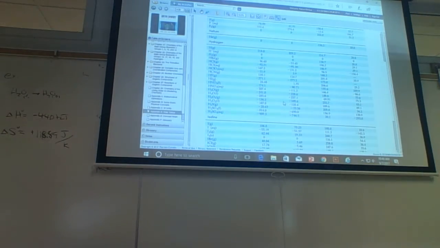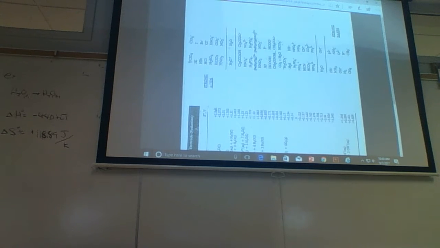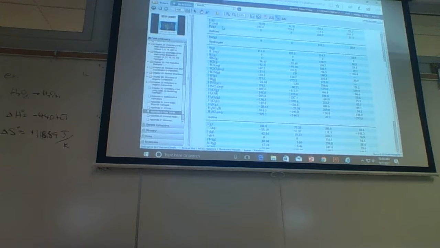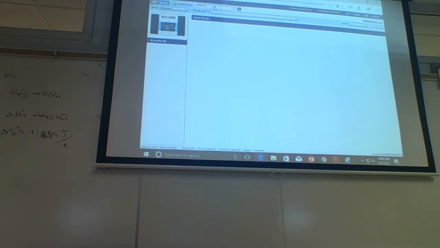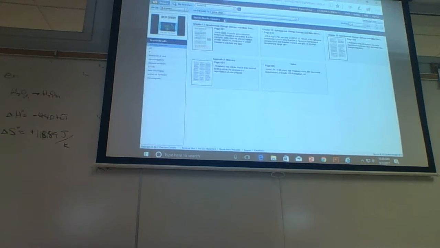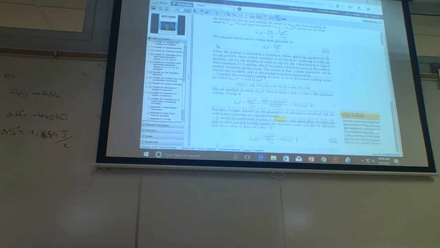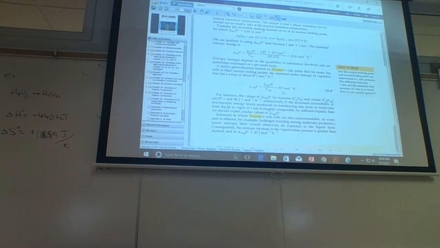And so some people memorize Trouton's rule. At ballpark, I don't really pay too much attention, but sometimes you want a little bit better than a ballpark. And so let's look at Trouton's rule here.